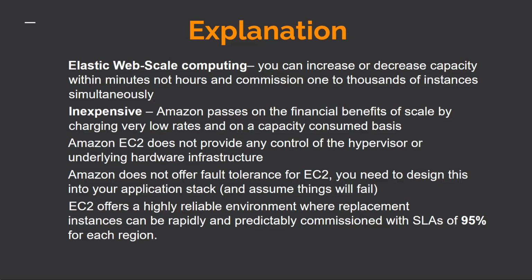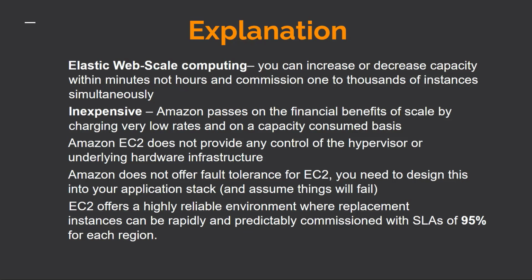Explanation. Elastic web-scale computing: you can increase or decrease capacity within minutes, not hours, and commission 1 to thousands of instances simultaneously. Inexpensive: Amazon passes on the financial benefits of scale by charging very low rates and on a capacity-consumed basis.